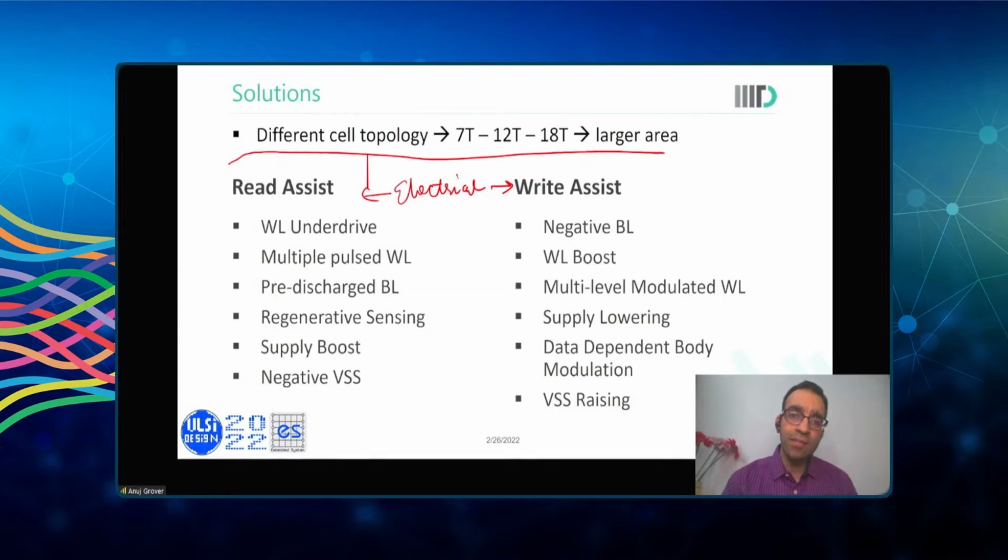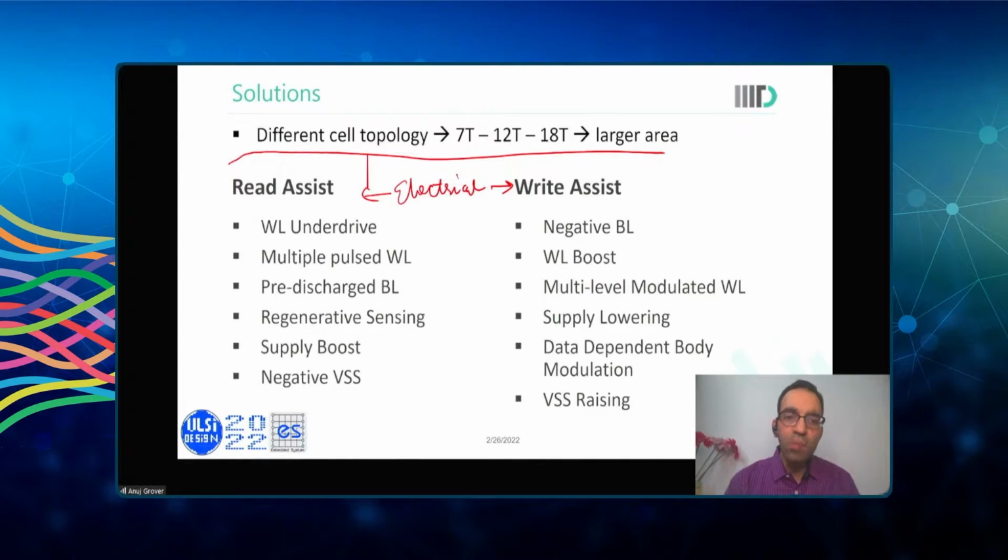Since these are controlled transistors, we have the control gate with us. We can electrically modulate their behavior. We can electrically change their characteristics to make them more resistive or less resistive. So these electrical assist schemes are applied onto SRAM arrays to enable successful read and write operations in advanced technologies.